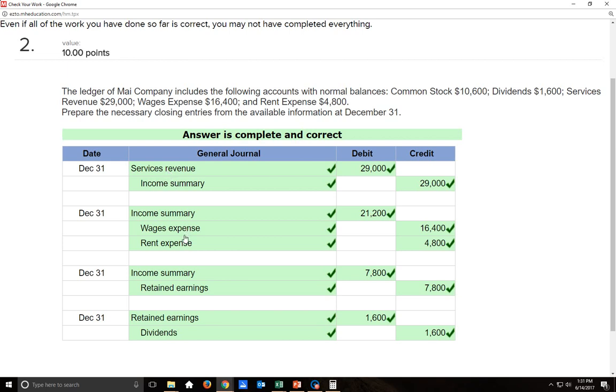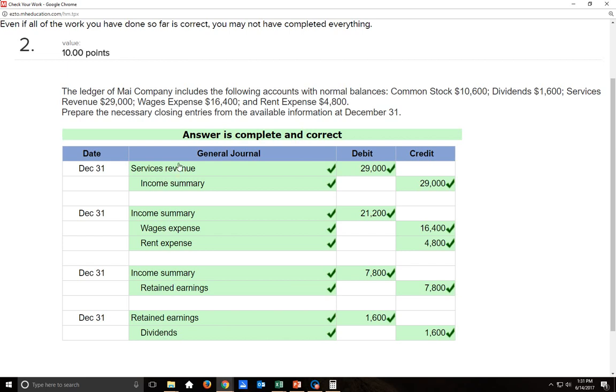Because revenues, expenses, and dividends are all what kind of accounts? Temporary accounts, temporary or nominal accounts, whose balances don't transfer from one period to the next. They need to zero out so we can start tracking revenues fresh for the new period, expenses fresh for the new period, and dividends fresh for the new period.